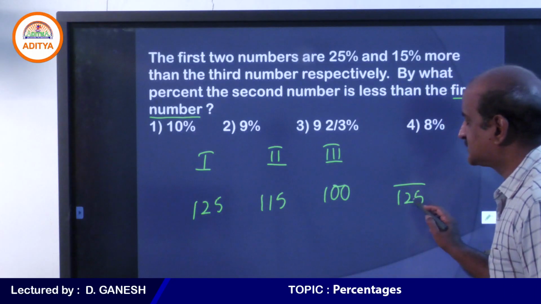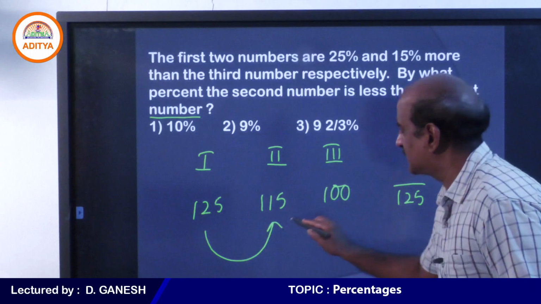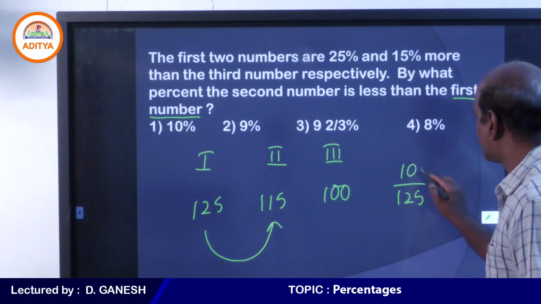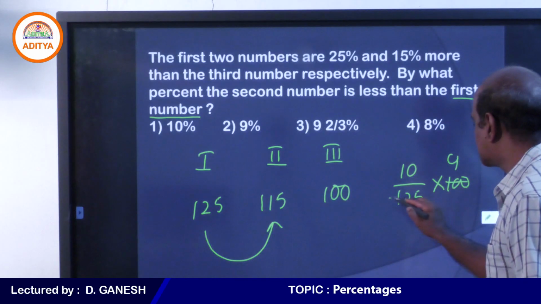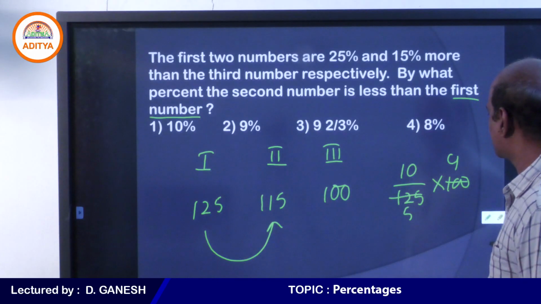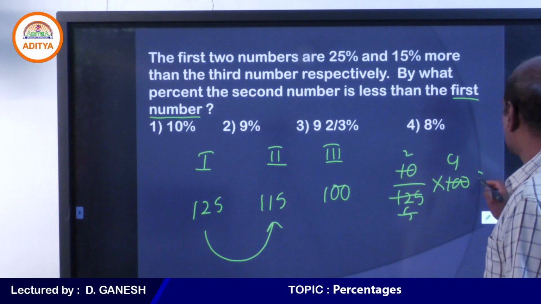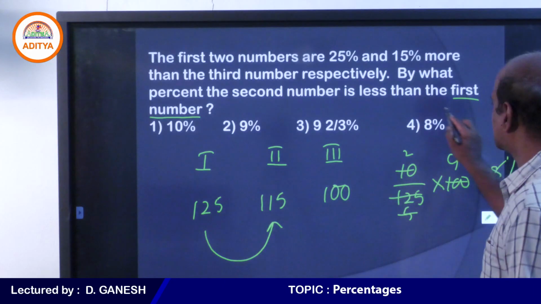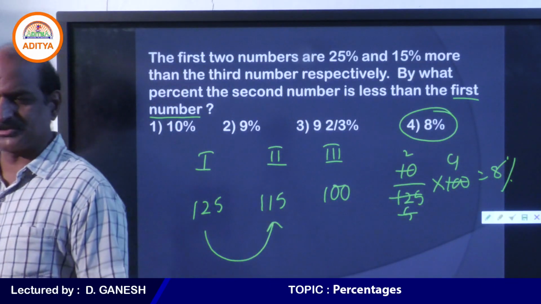So, when first number is 125, the second number is 10 less, into 100. 25 cancels for 4 times, 25 cancels for 5 times, and 5 again cancels for 2 times. Therefore, your answer must be 8%. Therefore, your answer is the fourth option.